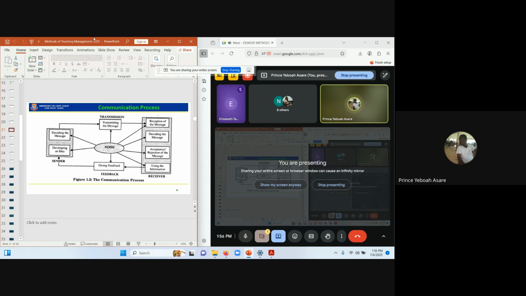It will call for re-encoding the message, such that this time around it states the unique needs, the differences in understanding, and the challenges of the student in understanding that which was communicated. And this you must note very well.